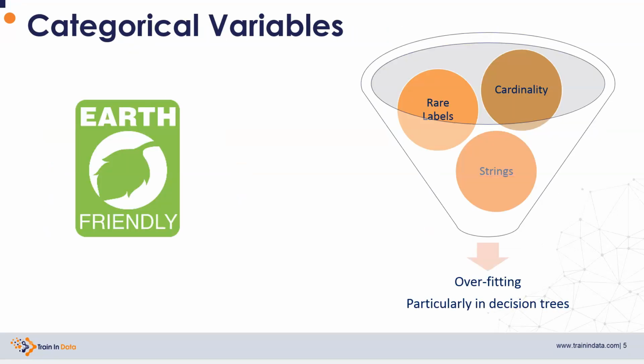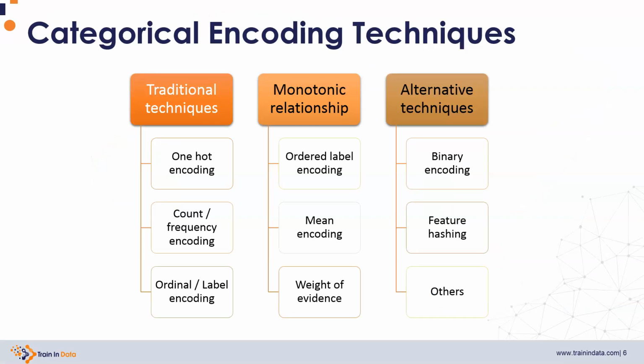For categorical encoding, there are also a variety of techniques that we can use, and just to mention a few of them, one-hot encoding is perhaps the one that you're familiar with, but we can also replace the labels by the count or the frequency of the category, or we can replace them by numbers arbitrarily or ordered according to the mean of the target.